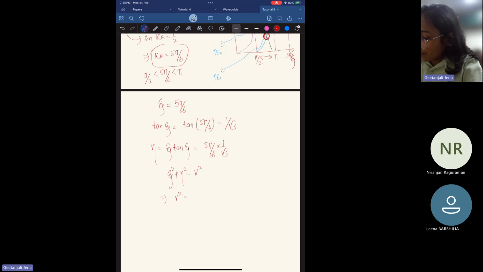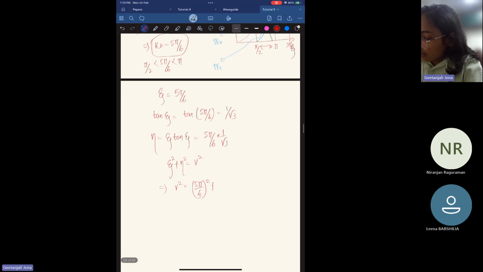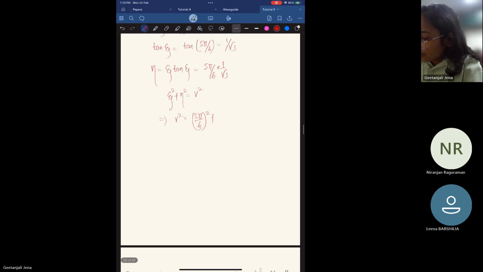So v square will be (5 pi by 6) square and (5 pi by 6 root 3) square. So this will give (5 pi by 6) square times 4 by 3. So that means v now is 2 by root 3 times 5 pi by 6. So we have 5 pi by 3 root 3 for the v value.